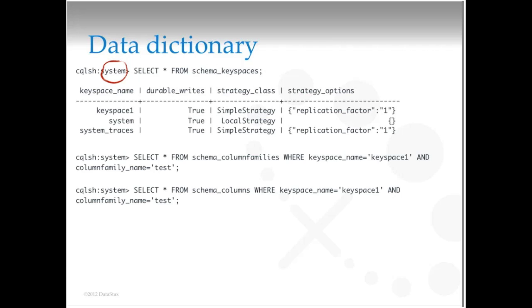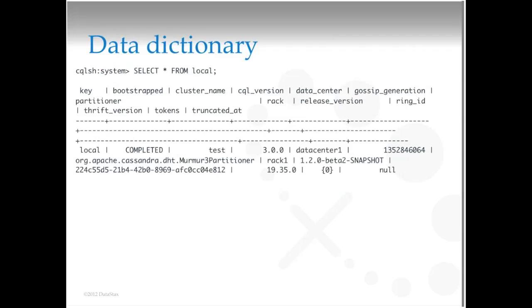Then for the information that we have about the cluster itself, we have 2 tables. We have the local table, which is about the node, the machine itself that we're talking to. And then a slightly thinner table is the peers table, which is everyone in the cluster, what do I know about them?